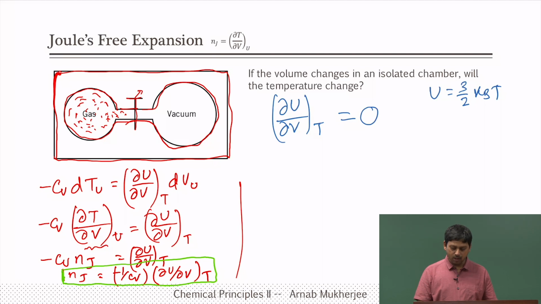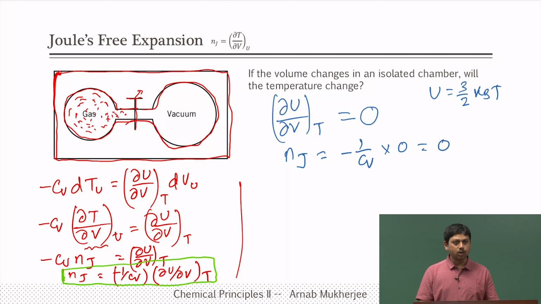That is what this quantity tells us: if the temperature is the same, u is always the same, whether you change the volume or not. If u were a function of volume, then only u would change when volume changes. So, for an ideal gas, η_J is minus 1 by C_v into 0, which is equal to 0.